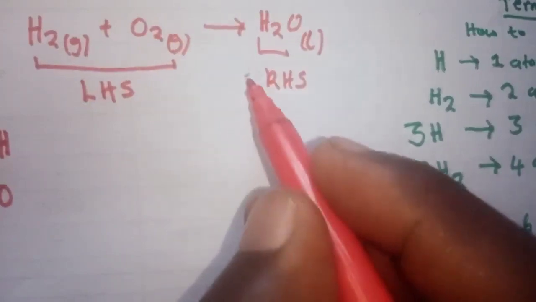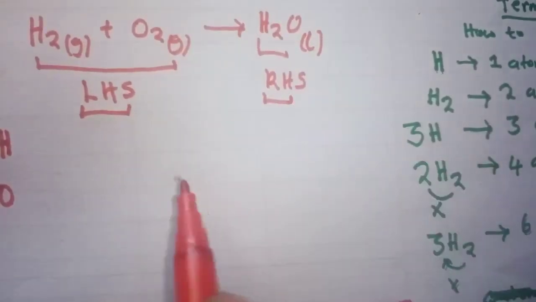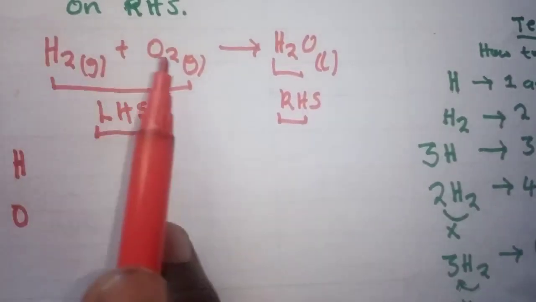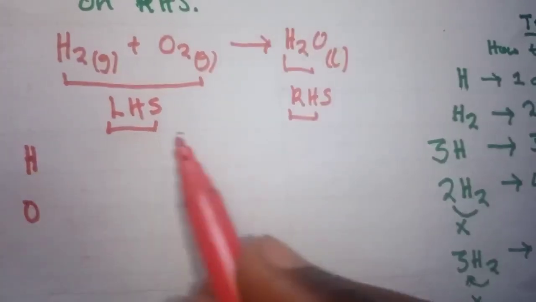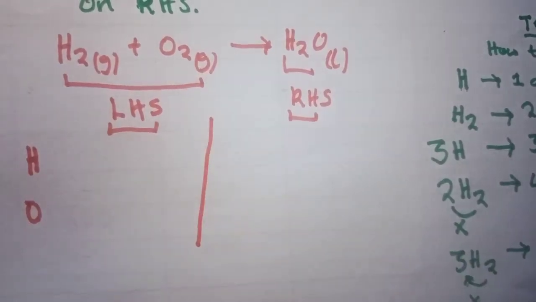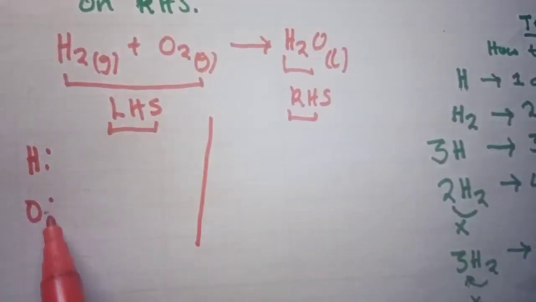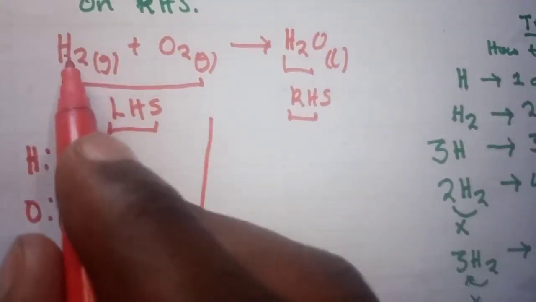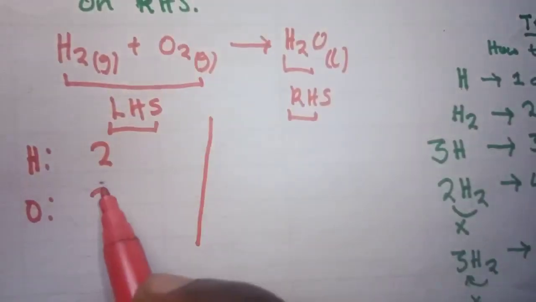So you have the left hand side and the right hand side, and you only have 2 elements, hydrogen and oxygen, on each. On the left, how many atoms of hydrogen? There are two. How many atoms of oxygen? There are two again.